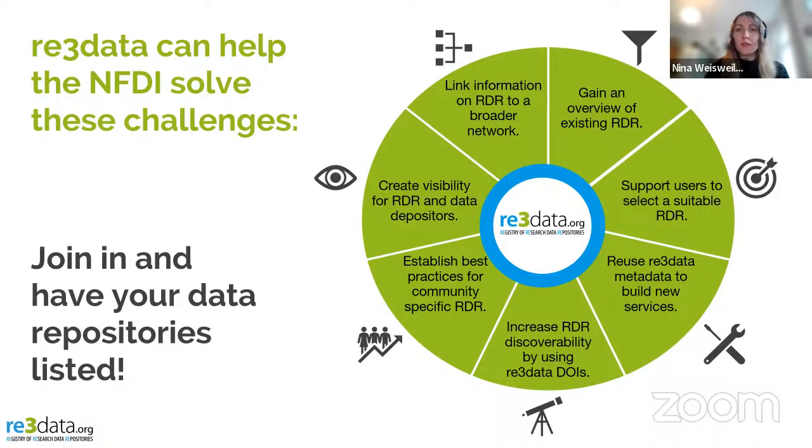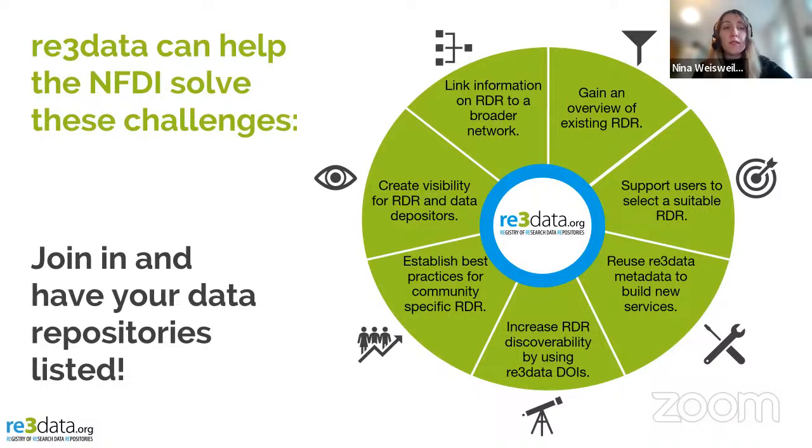For example, I've noticed that NFDI4Ing has a tool where they list, among other things, repositories. I think NFDI4Culture is also listing repositories on their website, and partly building this up on re3data data.